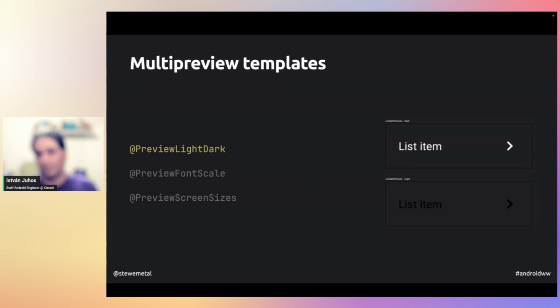So setting the background is not an option here. But if you just jump into the code of preview light dark, it's an AndroidX library coming with Compose. So you can just jump in the code and copy stuff over as you would do anyway. And you can get inspiration from how these preview annotations are put together.